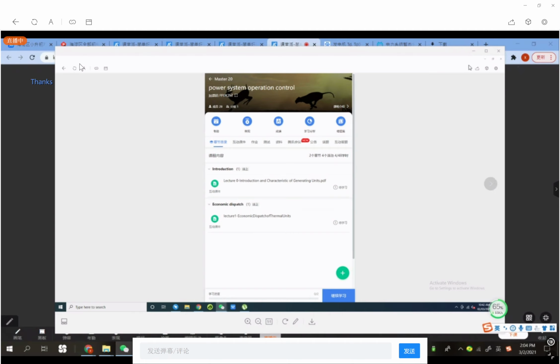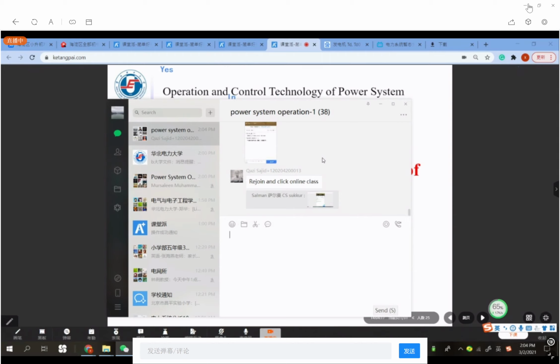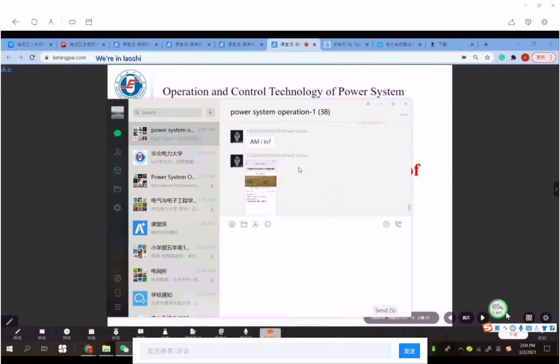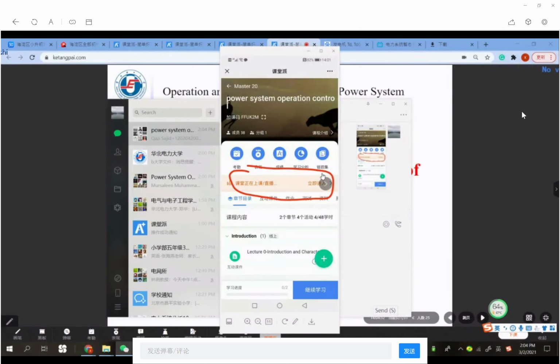Because some students use a computer, some students use their cell phone, so maybe their websites look a bit different. I just give 2 snapshots here. This is for cell phones.